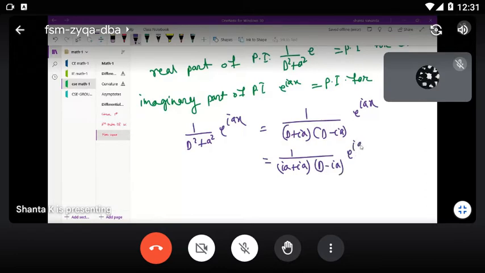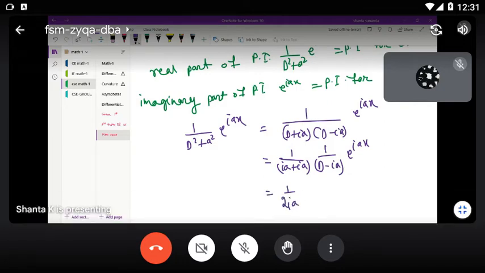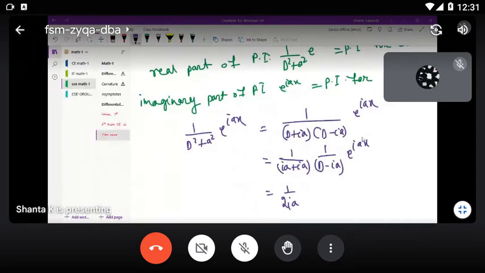So here 1 by 2ia multiplies, and then again we put 1 here. This is how we consider it. Now e power ax into v x, that form we will consider.